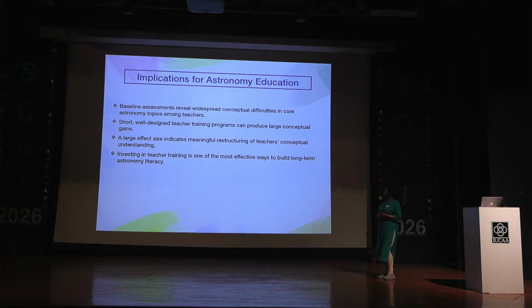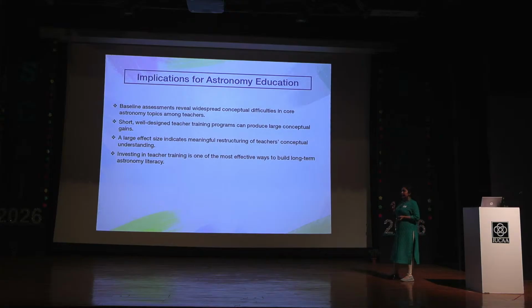So the implications for astronomy education from this whole exercise tells us that the baseline assessment shows there is widespread conceptual difficulty in teachers, even people who are teaching these same astronomy concepts to students for several years. Some of them for 5, 10 or even 20 years.